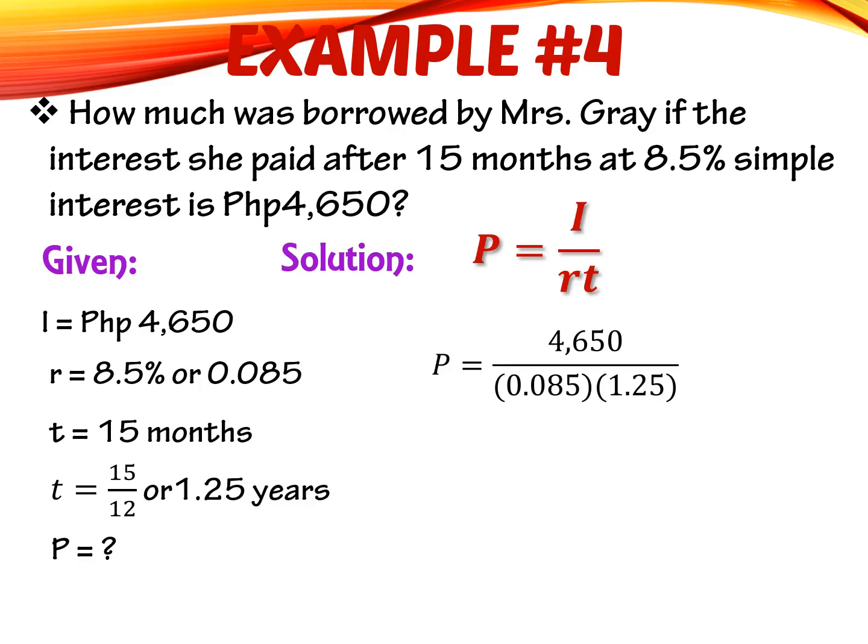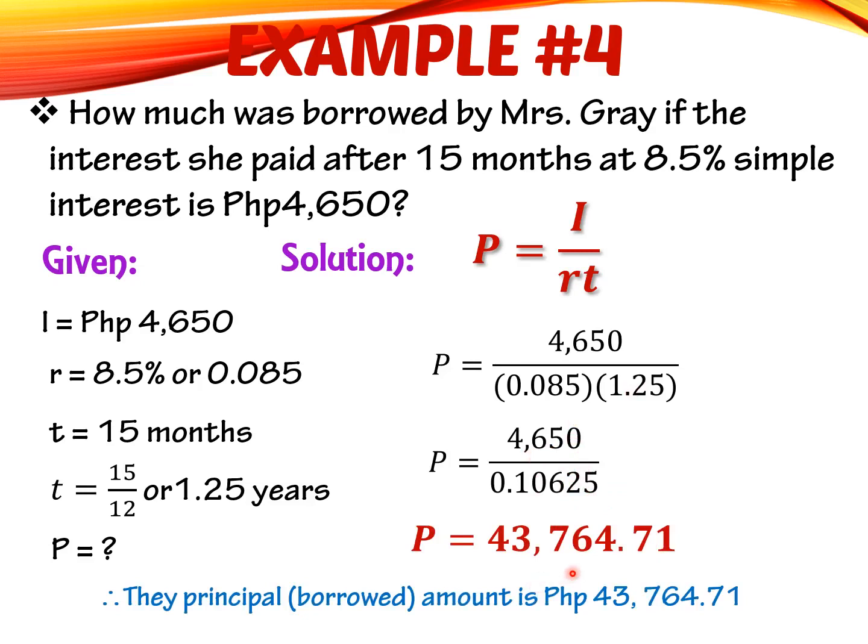So we multiply the denominator, and that will give us 0.10625. And then divide again 4,650, and that will give you 43,764.71. So you round off your answer to the nearest two decimal points. So therefore, the amount being borrowed by Mrs. Gray is 43,764.71.